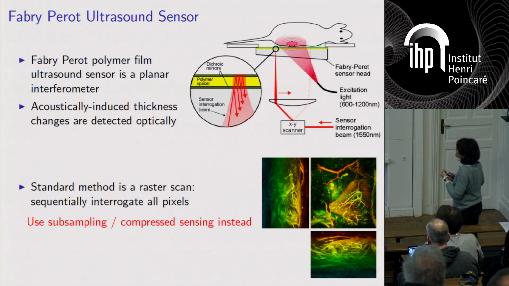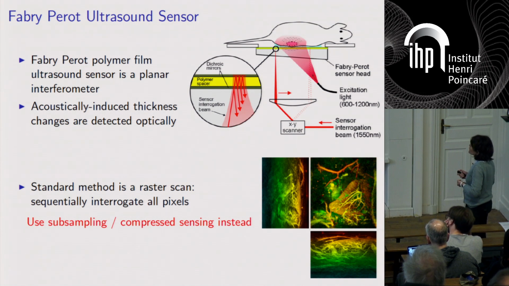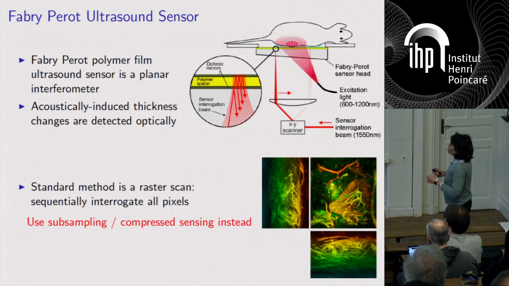Okay, so basically we have two things here. We have a lot of data that takes time to acquire in practice. We have spent some time optimizing the hardware, but still, in many applications, we would like to subsample or use compressed sensing, which is another line of work.